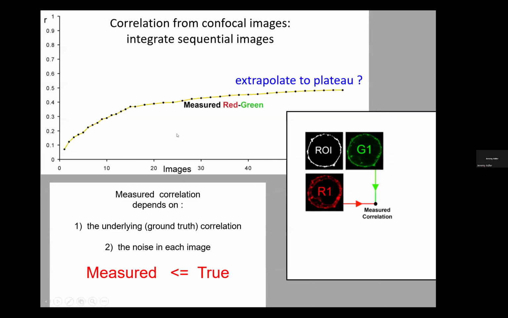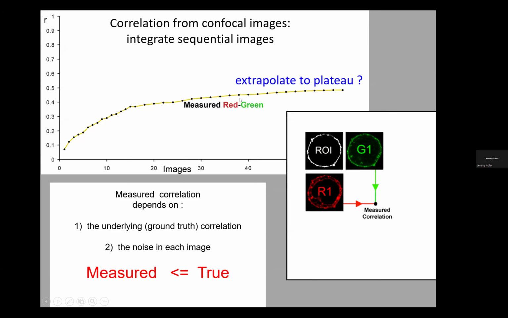Here's looking at it another way. If we capture a sequence of images and add them together, as we're moving along here, we have more and more photons in play. And whatever these pair of images are, you can see the measured correlation rises and is going to plateau.